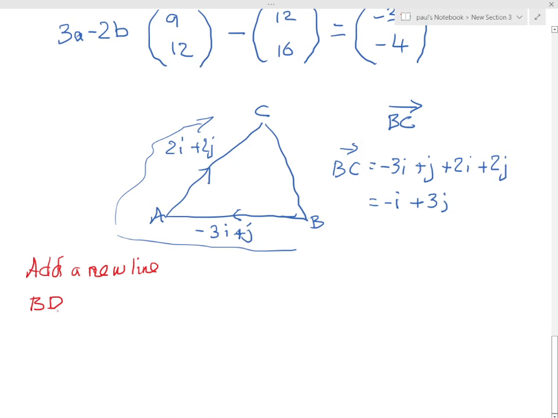And it's twice the length of BC. So here is BC, and yeah, D. So we need to find the vector B to D. Now, we've already found what B and C is.